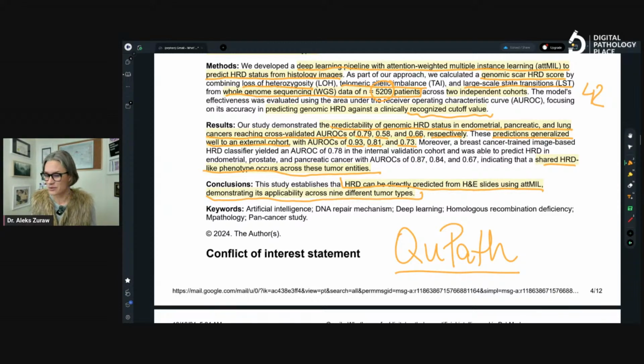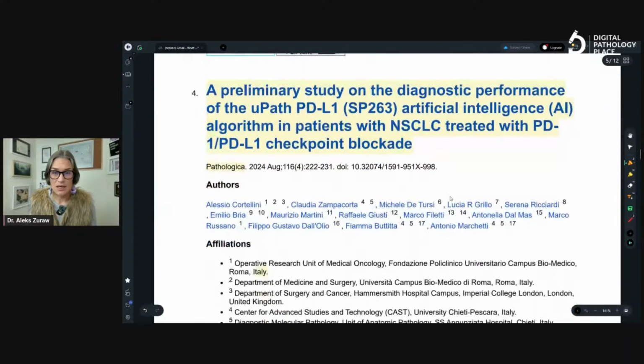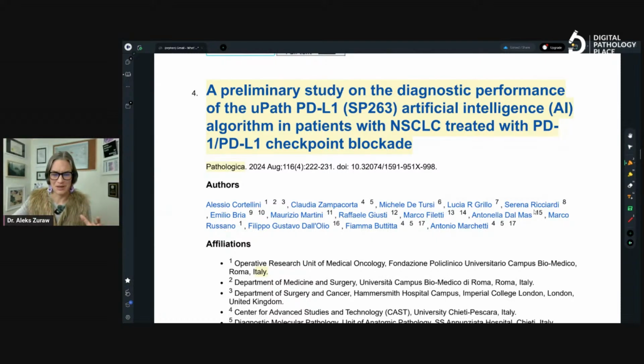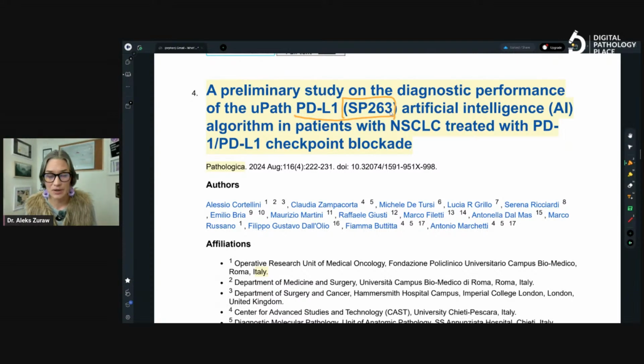If anybody has other questions, we have one more paper today, which is similar, in parallel to the first paper. The first paper was HER2 scoring, and here we have PD-L1 for a specific antibody. PD-L1 is another membrane marker that is relevant for immune oncology, for personalized immune oncology treatment.